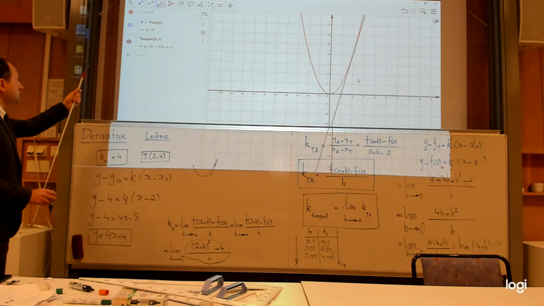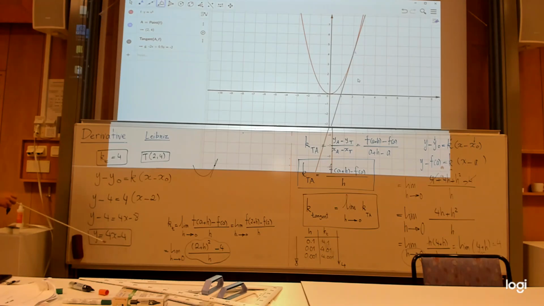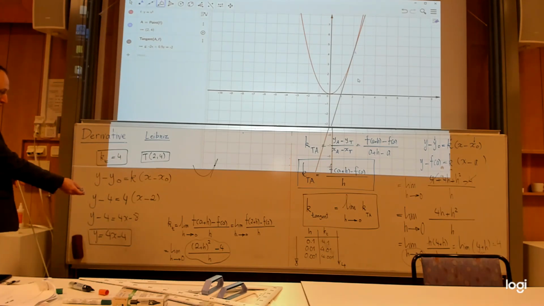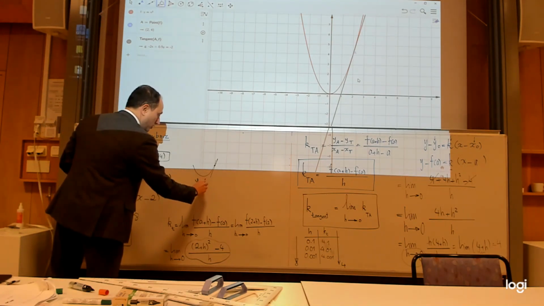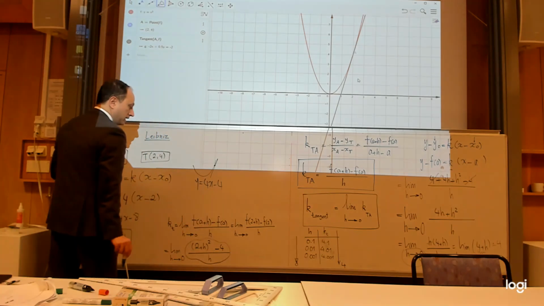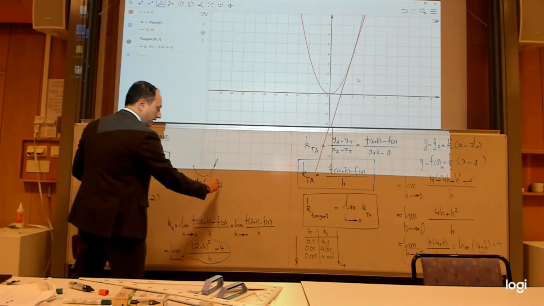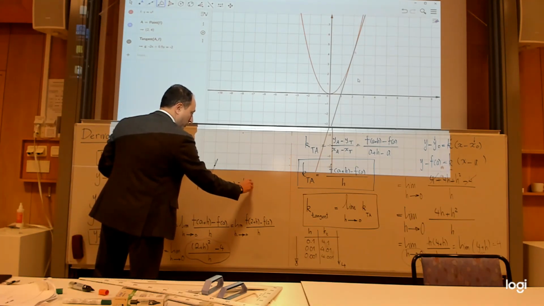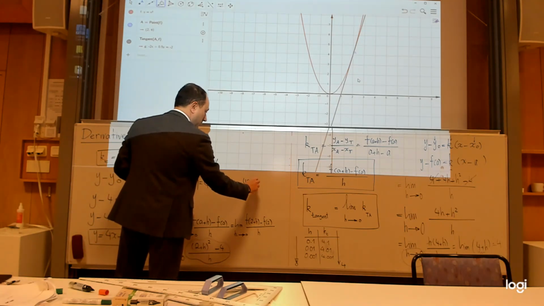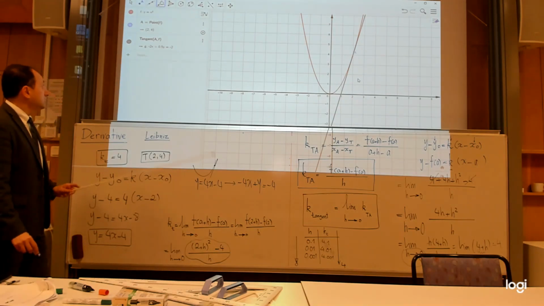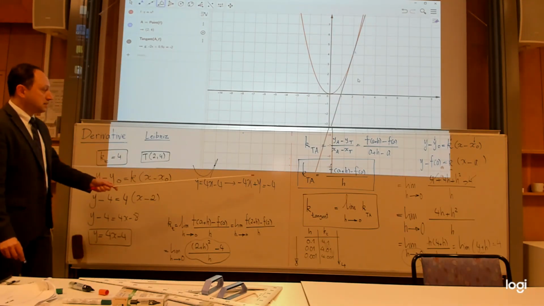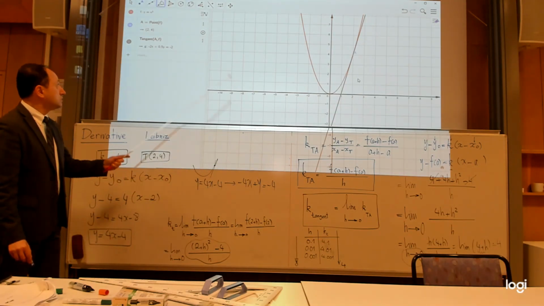Okay, so let me try to confirm that what I got is actually the same equation here, or equivalent, not the same. Of course, you see that they are not the same. So y is equal to 4x minus 4. Let me move 4x to the left. So it becomes minus 4x, and then I have y here, and then I have minus 4 here. Agree? And then, to make this exactly like that, I want to make minus 4 to be equal to minus 2.